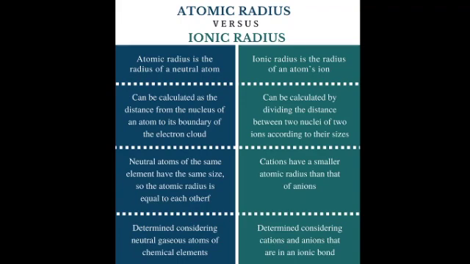Atomic radius is determined considering neutral gaseous atoms of chemical elements. Ionic radius is determined considering cations and anions that are in an ionic bond.